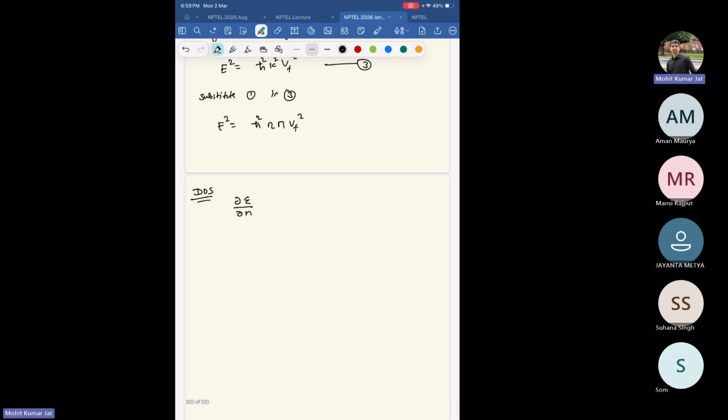So we'll take the derivative of equation 4 with respect to n. So this will be 2E del E by del N equals h bar square, n pi Vf square.